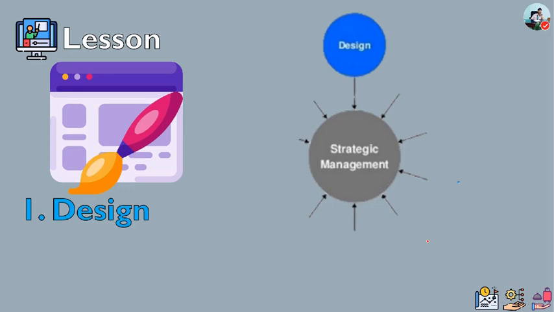The strategy creation and implementation were considered two distinct stages in the strategic management process. Again, what are those two distinct stages? That is the strategy creation and the implementation.